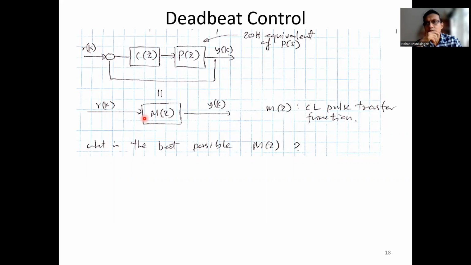Now, if you assume that we have that kind of control system, the C(z), we still don't know how to design it. We assume that we have something like that, so that when you ask the system, this is what I want, it immediately gives you that at the output. Okay. So this is a mathematical technique.